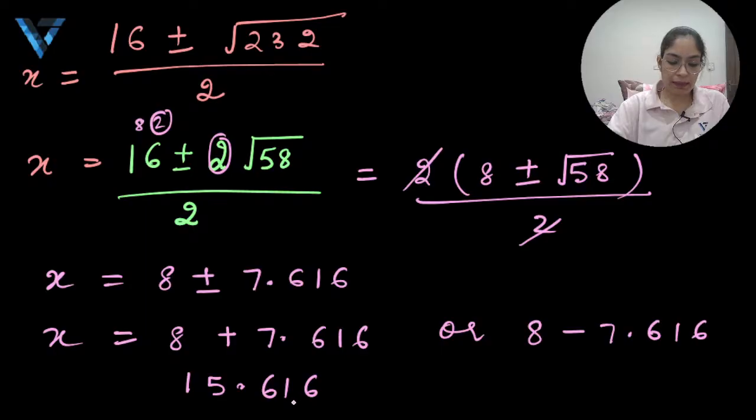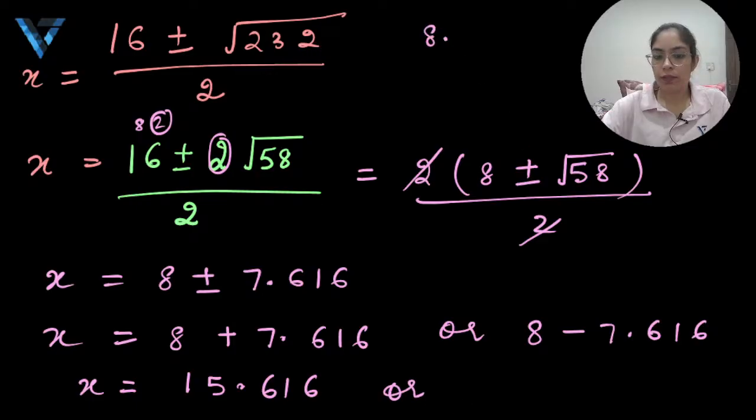Up to 3 decimal places only you are getting your answer here. 8 minus 7.616 is 0.384.